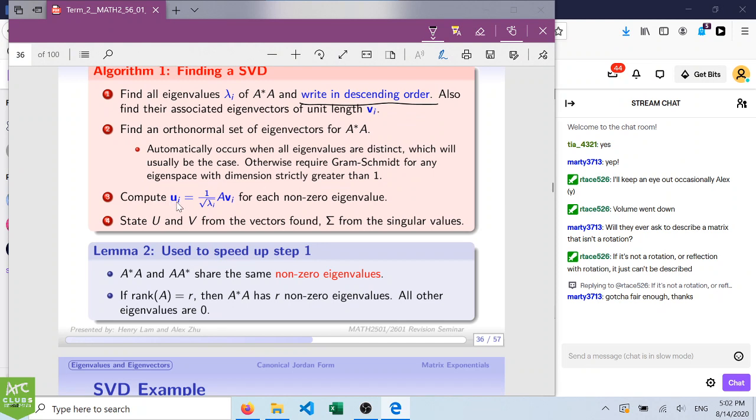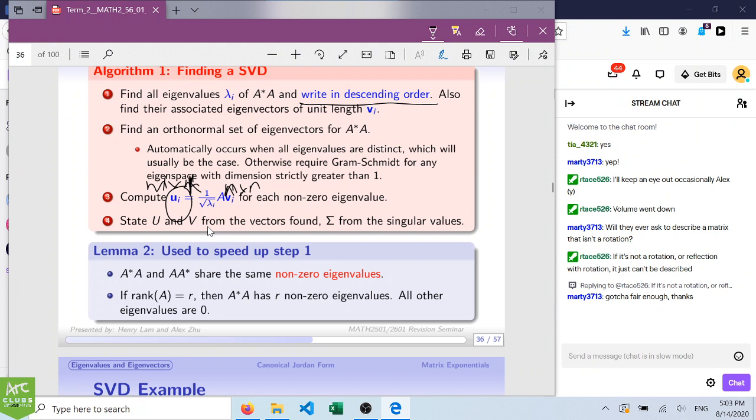And pretty much we just need to compute the rest of this by using the ui as the new unitary matrix, and it will transform your vector from n by 1 to m by 1.